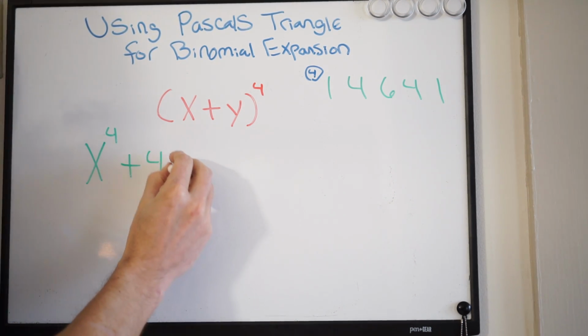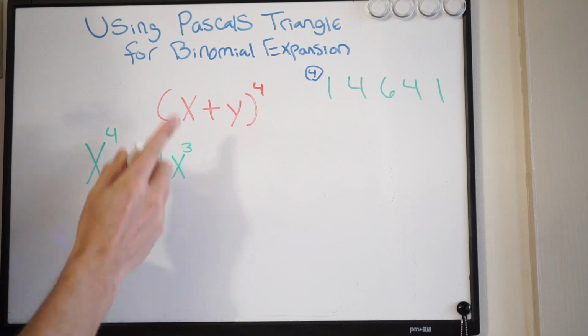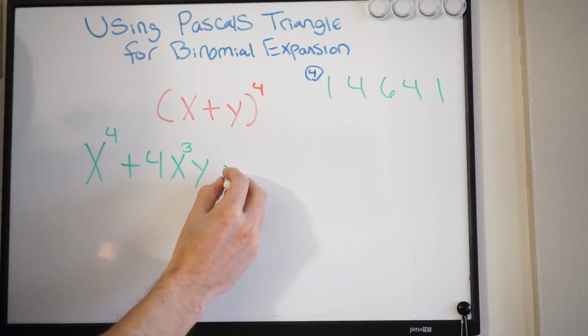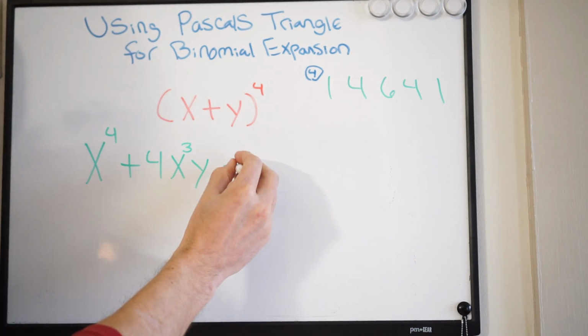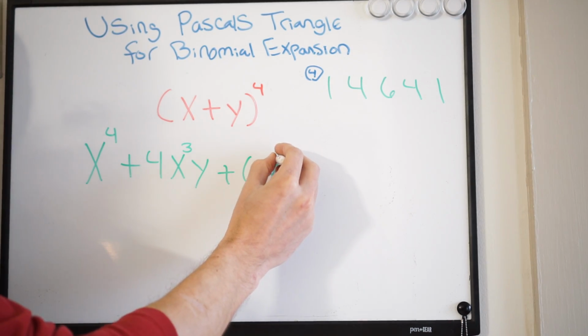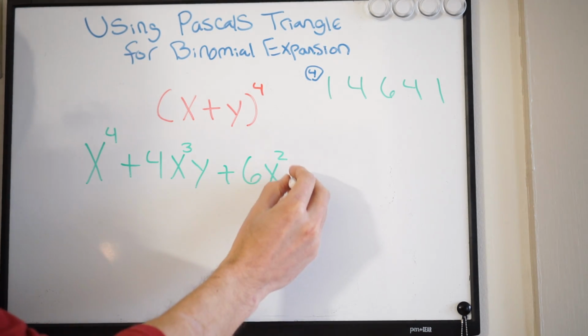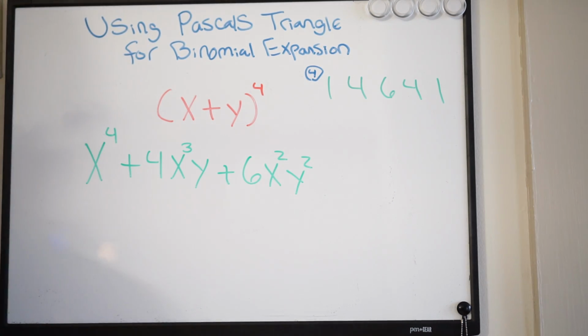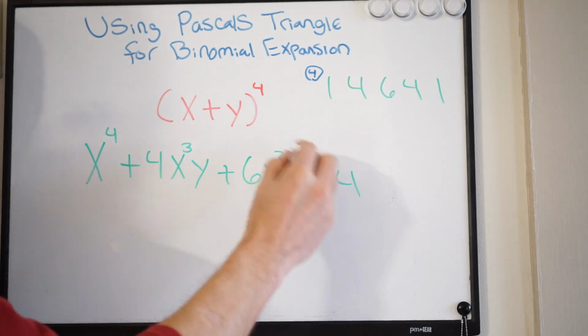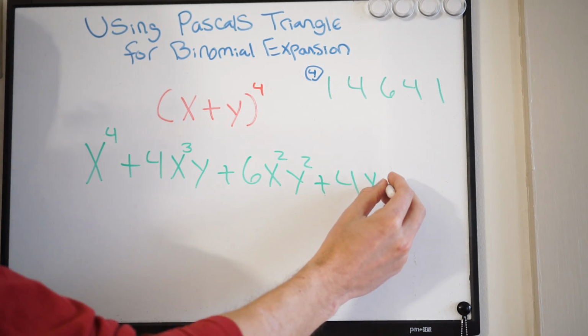So x to the 3rd, and then we gain, right, for the y. Plus, now I have 6, and go down a degree on the x. And we gain 1 for the y, so y squared. Alright? Plus, lose 1 for the x, gain 1 for the y.